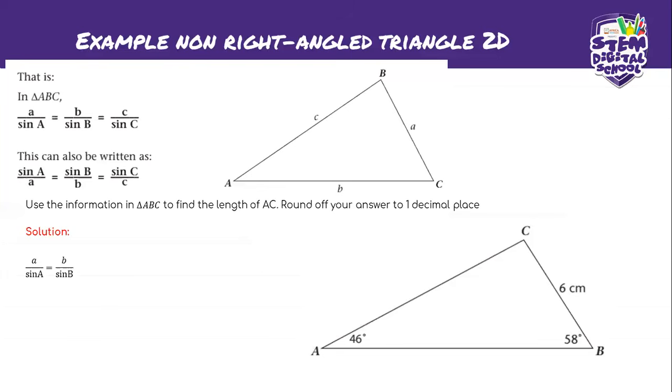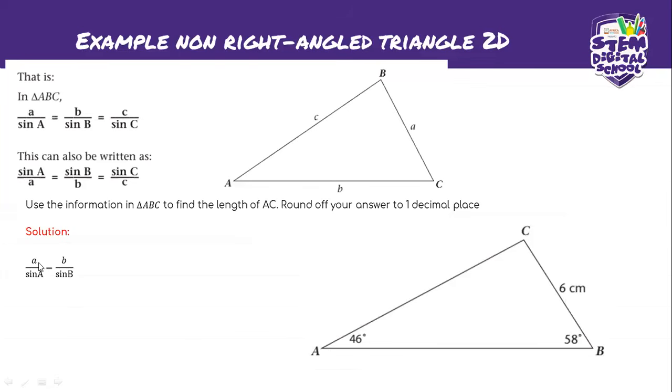Now the first step, you have to write the angle and a side which are given. For instance, if we look at this triangle, we have angle A and we also have the side opposite to this angle, which is 6 centimeters.